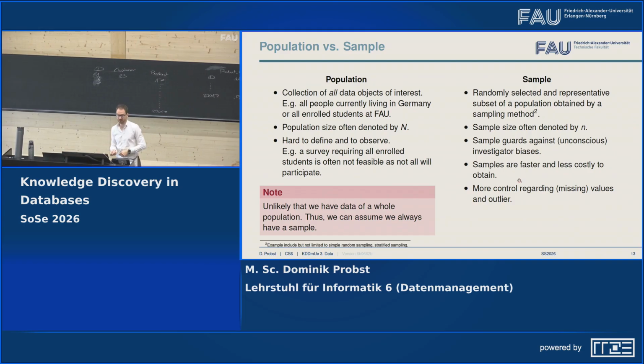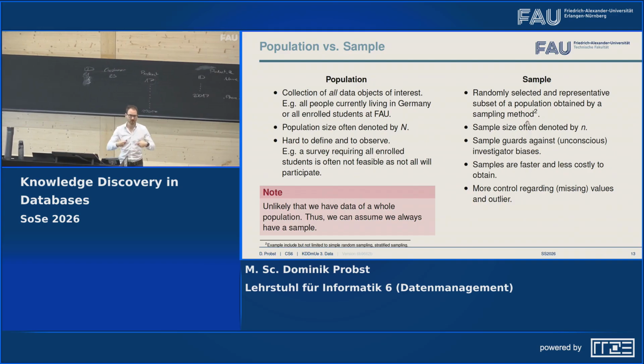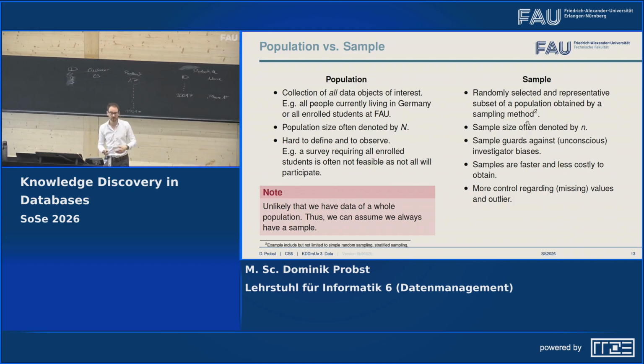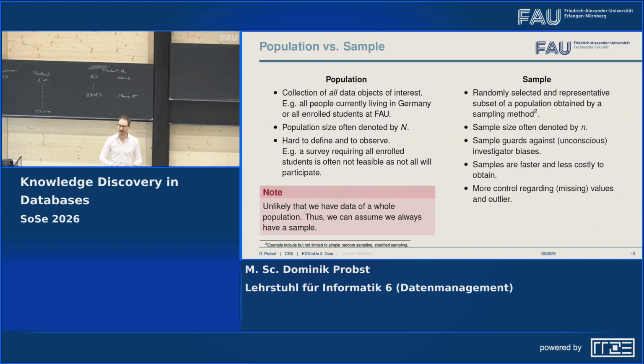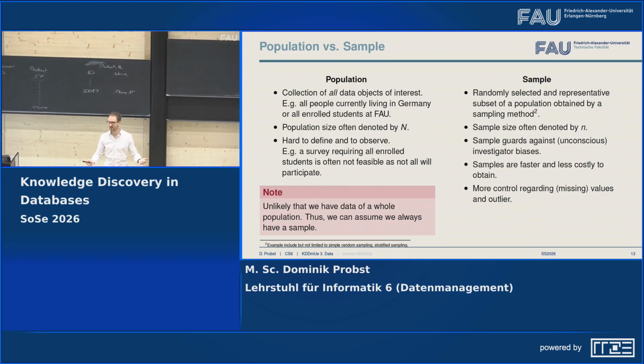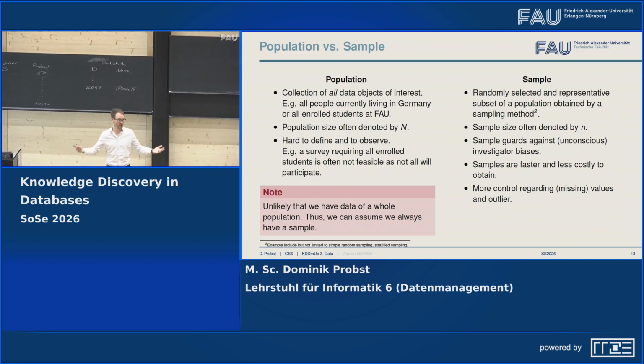Samples are faster and less costly to obtain because you only have to take a look at a subset, and also the methods that we can later apply on the samples do not have to work through as much data as if we would take a look at the population of data.